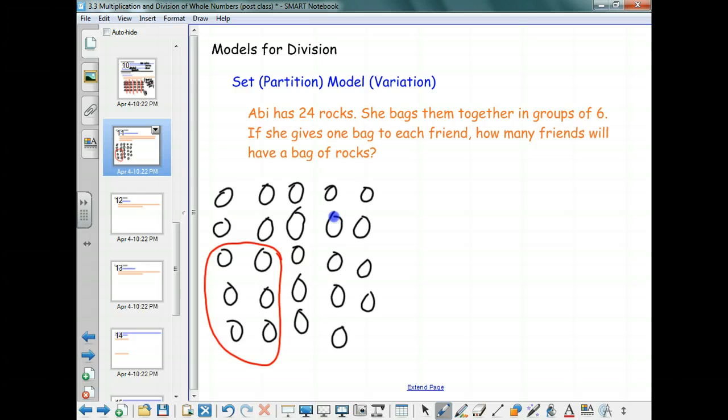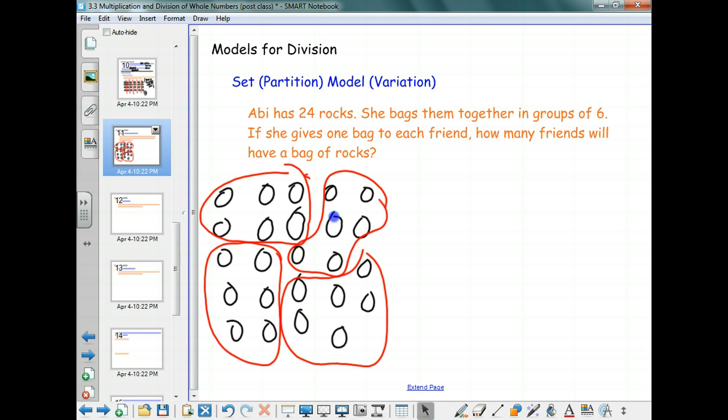And here's another 6. And then maybe I have this 6. And then I have this 6 right here. And when I'm all said and done, of course, the answer is still 4. We agreed, right? But the difference was how I chose to split them up. In this way, I actually know how many is in a group.